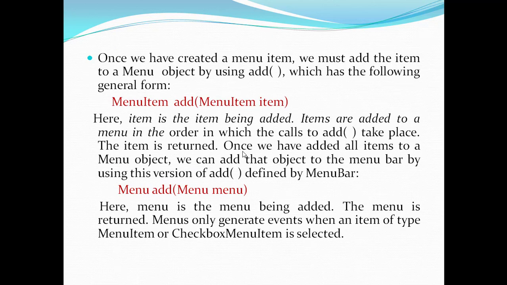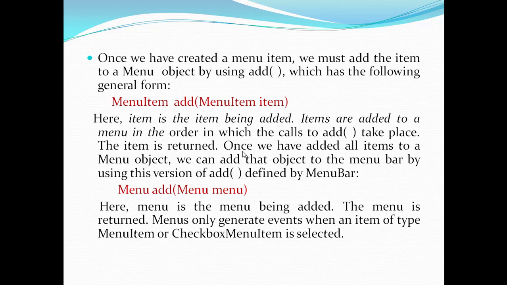Once we have created a menu item, we must add the item to a menu object by using the add method, and it has a syntax like this: MenuItem add(MenuItem item). This is the method.